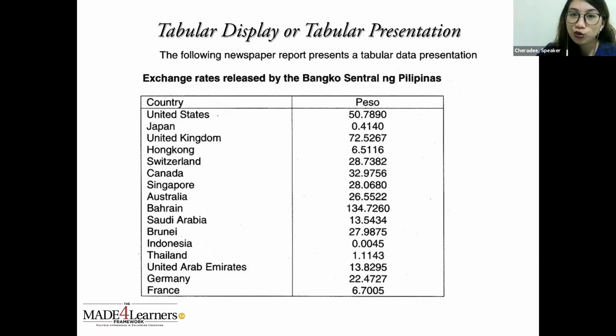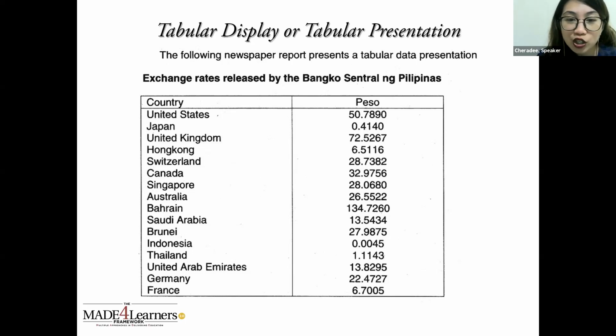So if we are going to do a tabular, a textual backup with this table, you just maybe name a few, like the highest is Bahrain with 134.7260. So it's more of a conclusion type. And then followed by United Kingdom with 72.52 and US dollars, which is 50.7890.